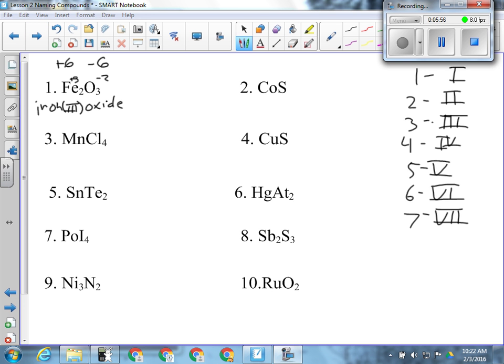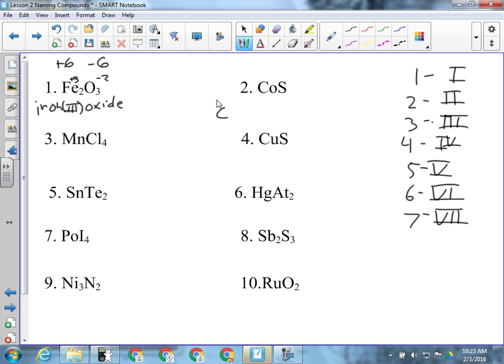For number 2, we've got Co, which stands for cobalt, and S that stands for sulfur. We're going to start out by just writing out the names, and then we'll worry about what Roman numeral needs to go in there in a minute. We've got cobalt something sulfide. If I want to figure out what charge cobalt has, I always look at the nonmetal.